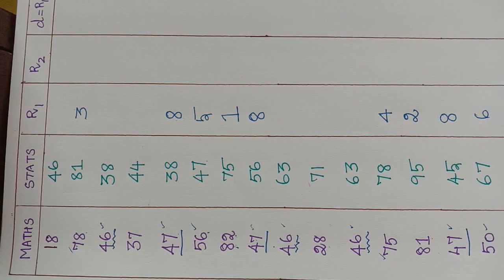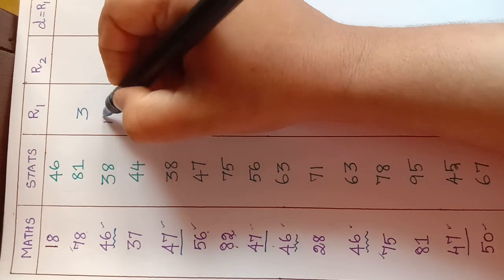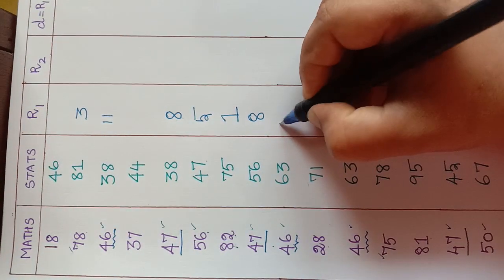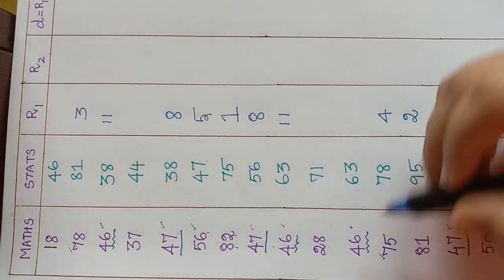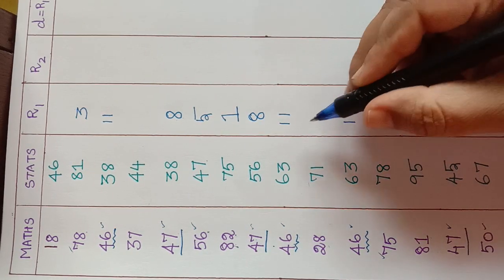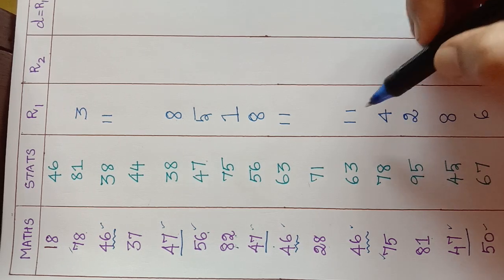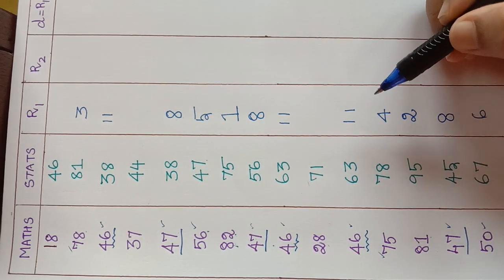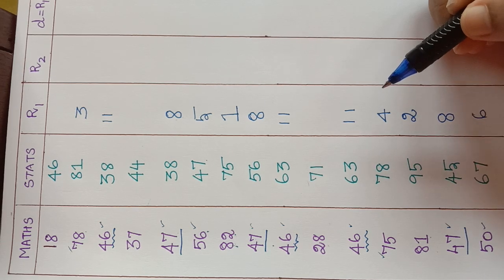So this mark 46 will get 11th rank, and again this also will get 11th rank, and this 46 will also get 11th rank. So we have done justice to all the 3 marks. Now what are the ranks that we took for average? 10, 11 and 12. So now we have to skip these 3 ranks, 10, 11, 12, and the next mark should be given the rank 13.